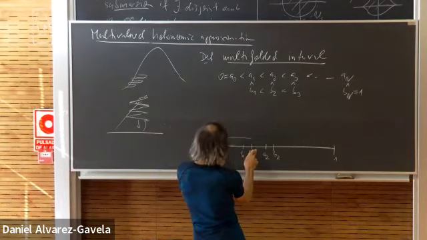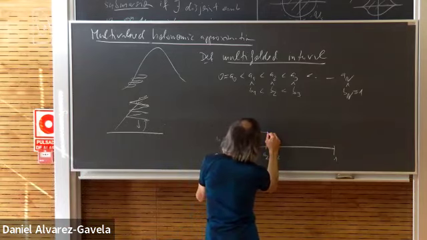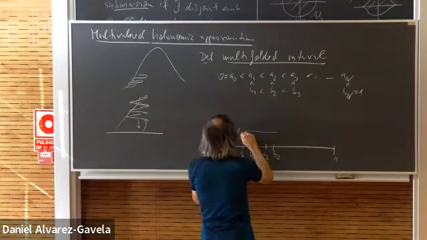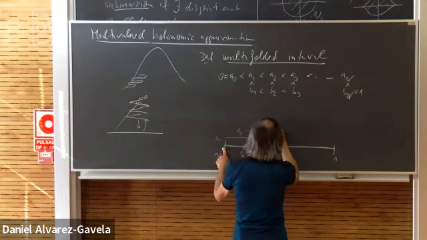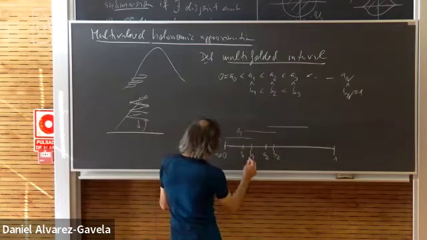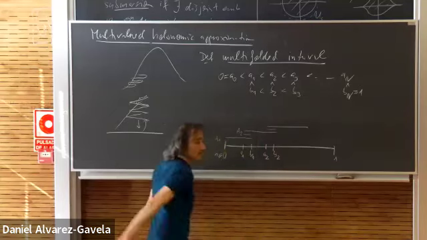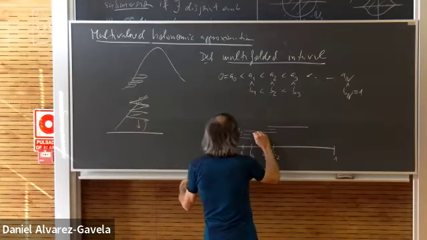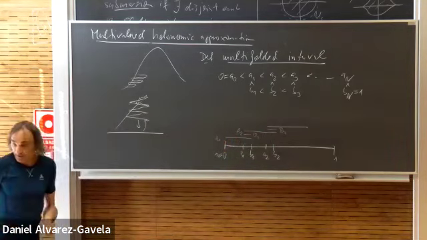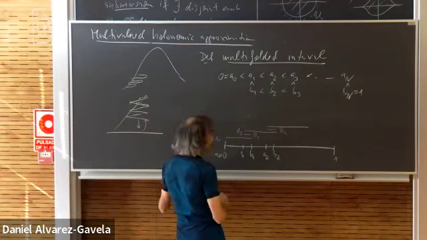It goes from A0 to B1. Then I have another one from A1 to B2. This is A2. And so on. Then we take shorter intervals, which go just here. This is, say, B1, B2, and so on.